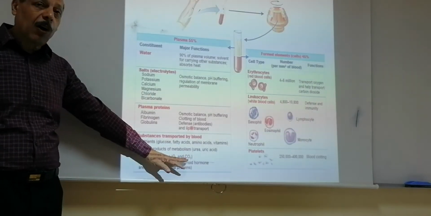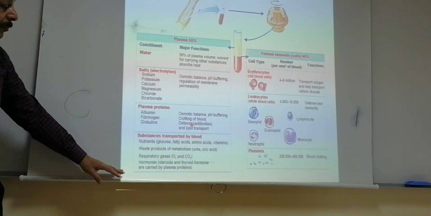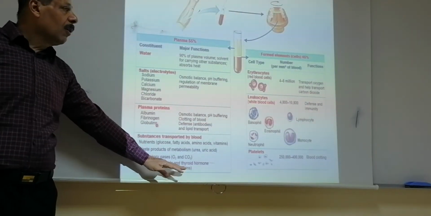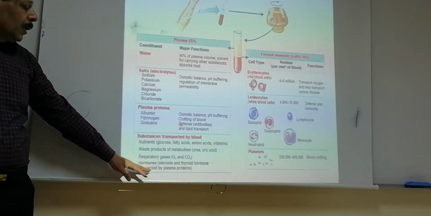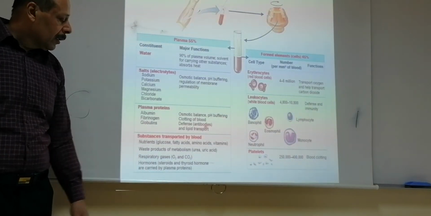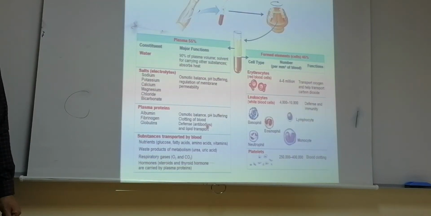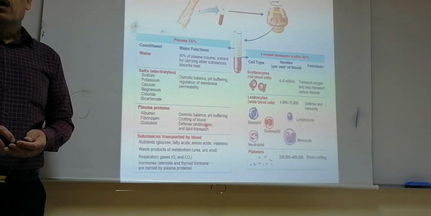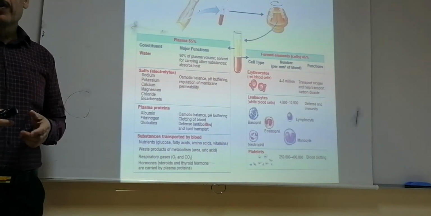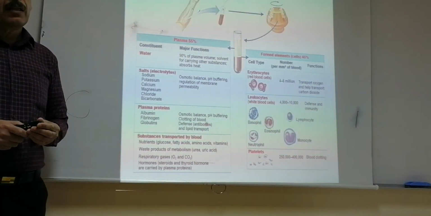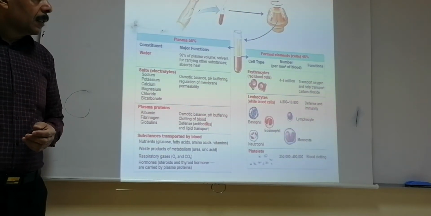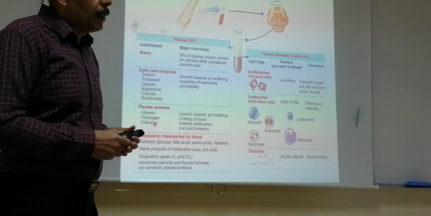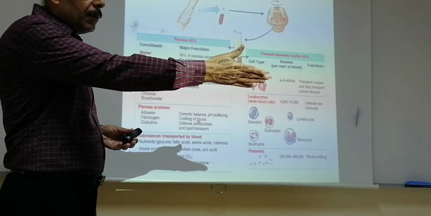Respiratory gases, the oxygen and carbon dioxide, and hormones, steroid and thyroid hormones are carried also by the blood. So all of the transport within the body is carried out by the blood.